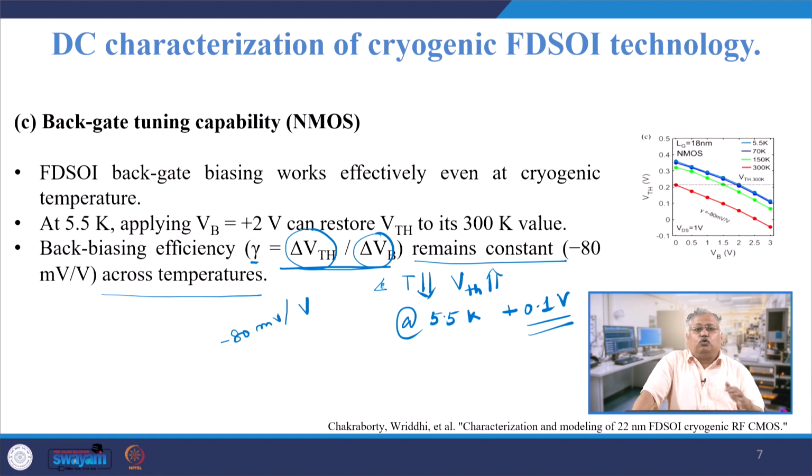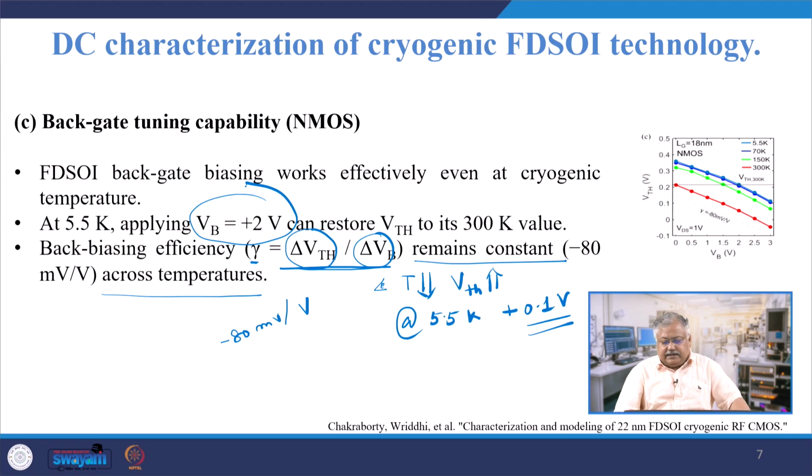So, if I apply 2 volts, I will get 160 millivolts. Effectively, the increased value of threshold voltage is offset by the positive bias, which is plus 2 volts, as I have already shown you here. And the idea is that it remains almost constant.